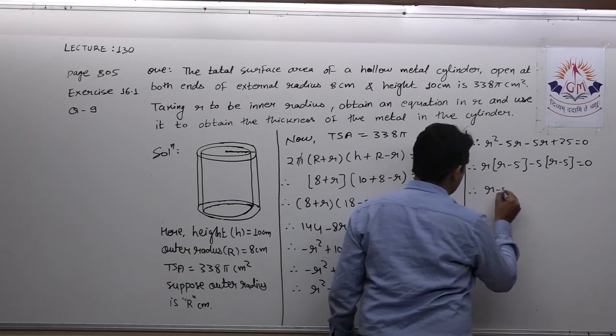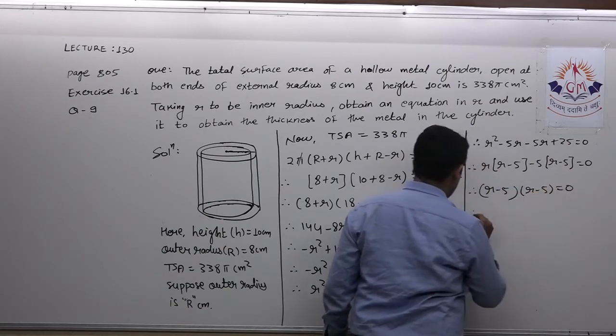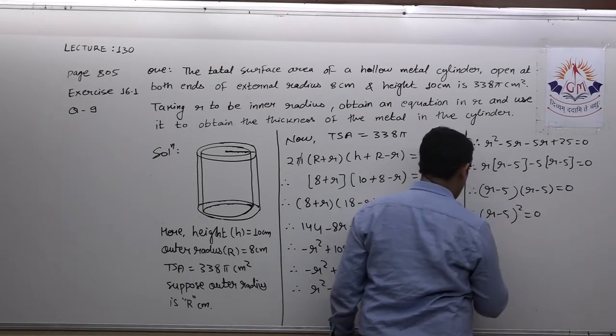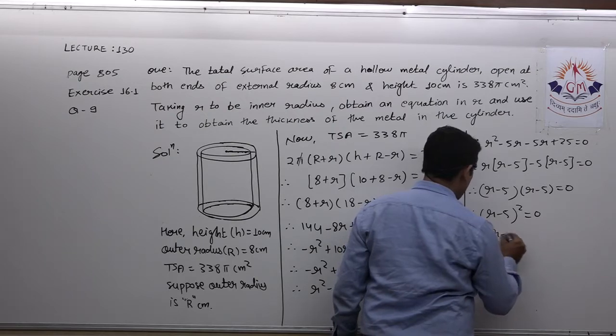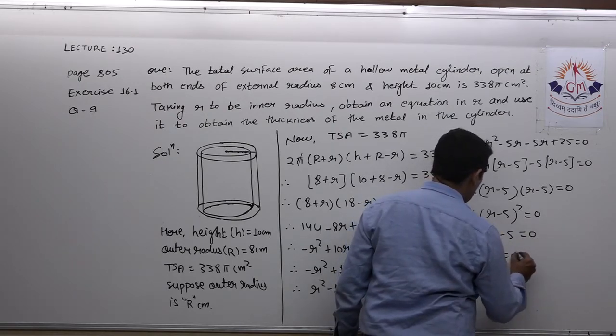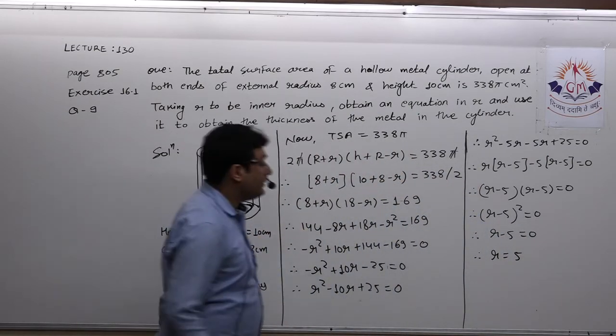So this is r minus 5, r minus 5 is equal to 0. That is r minus 5 whole square is equal to 0. So r minus 5 is equal to 0, that is r is equal to 5. So the internal radius is 5.